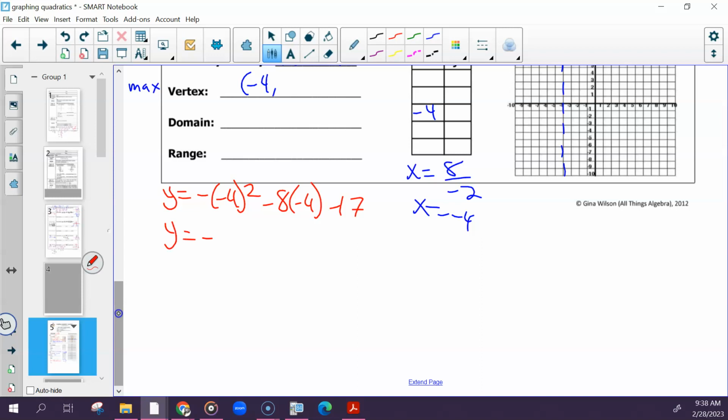We have negative 16 plus 32 minus 17. This would become a positive, a negative times a negative, but then it already has a negative, so it would still be negative. So that would be 16 minus 17, negative 1. Is that correct? Yes.